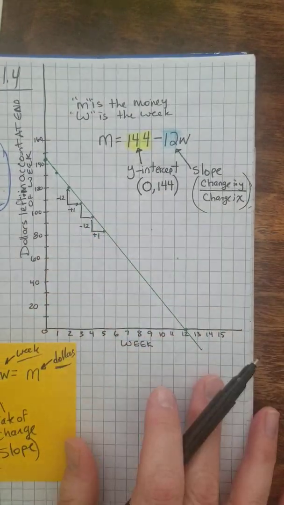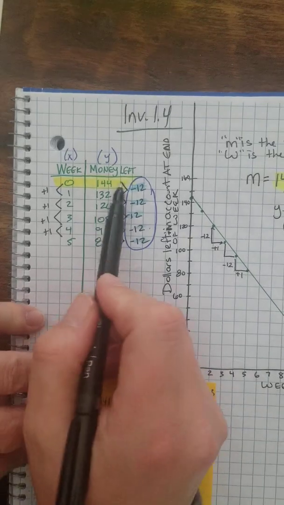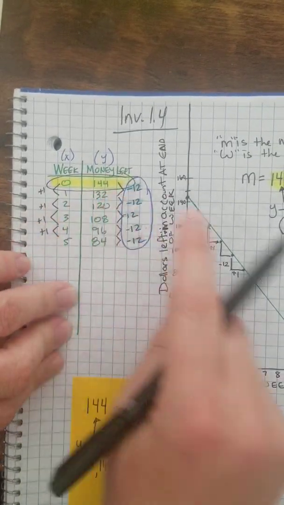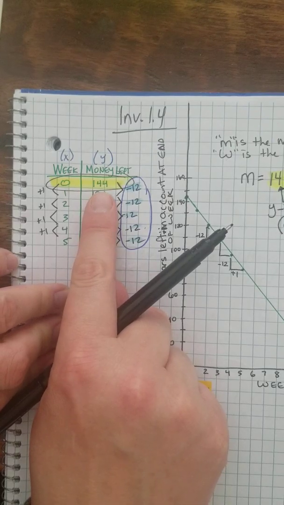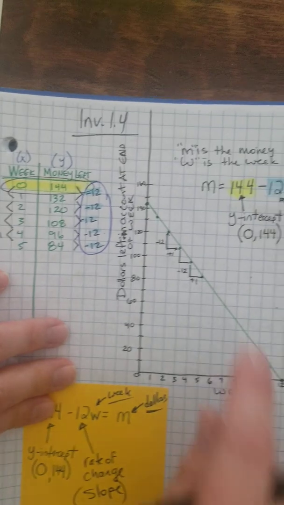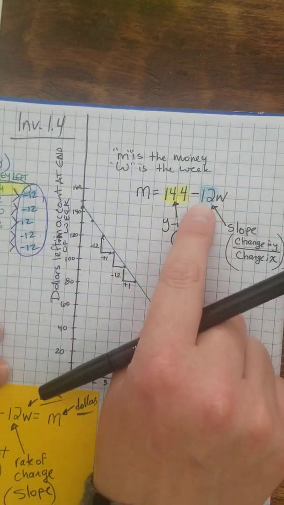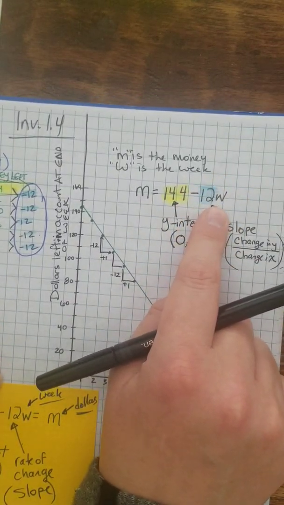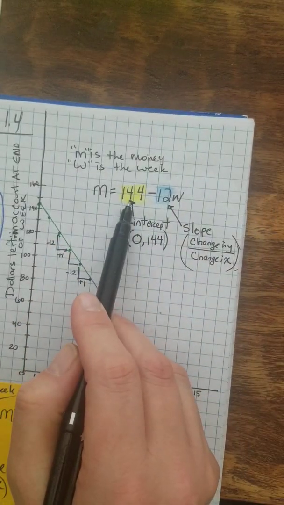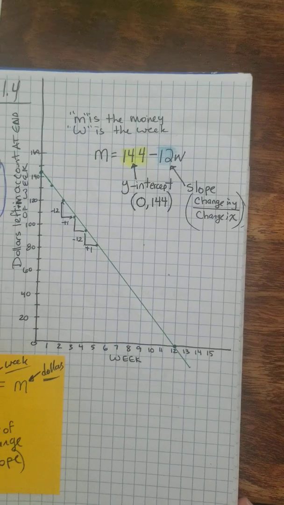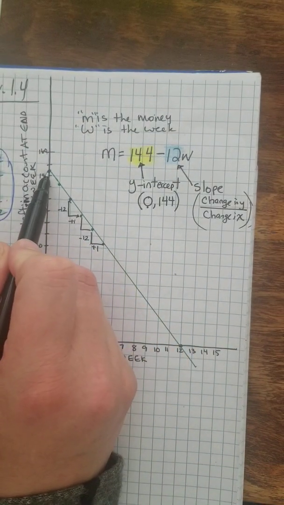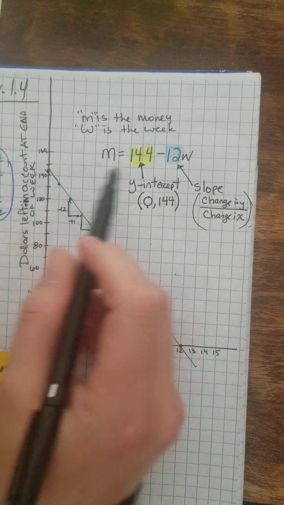I talked previously about how this is very important, the 0, 144, because that is going to be represented in your equation, what gets added or subtracted from the term that has the rate of change and the independent variable. So 144 comes from the y-intercept. Y-intercept is wherever x is 0, so where the line crosses the y-axis.